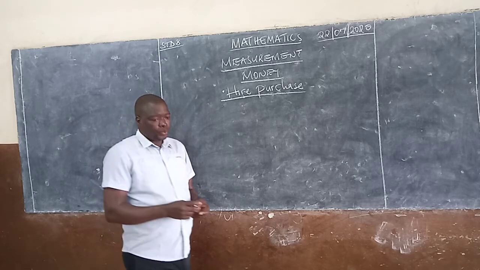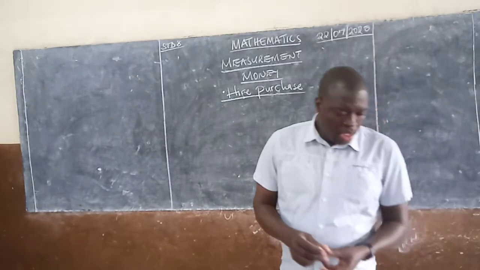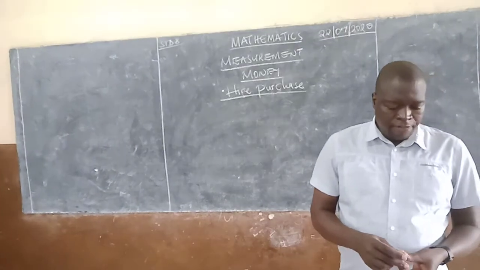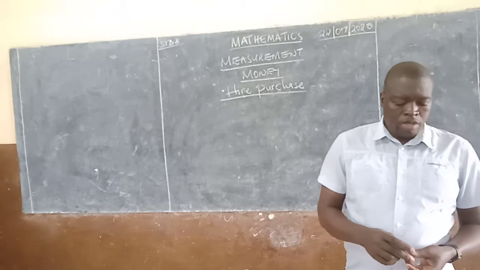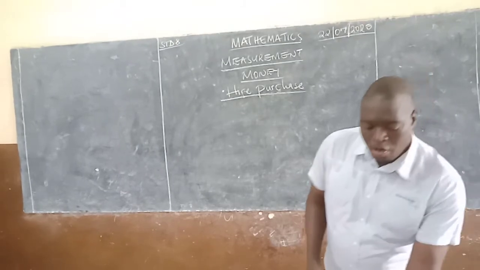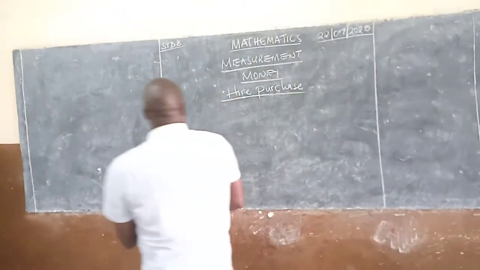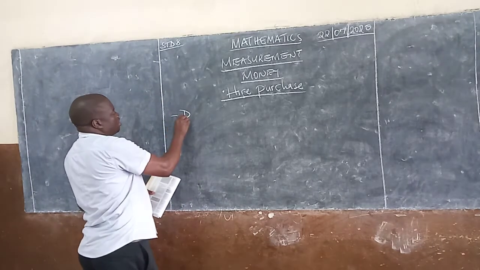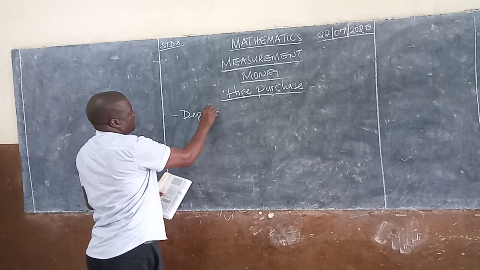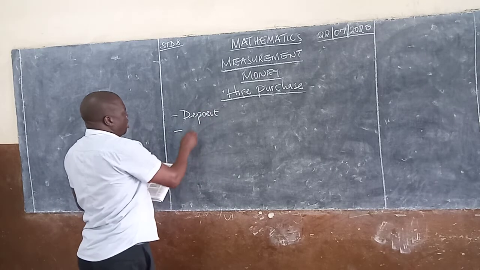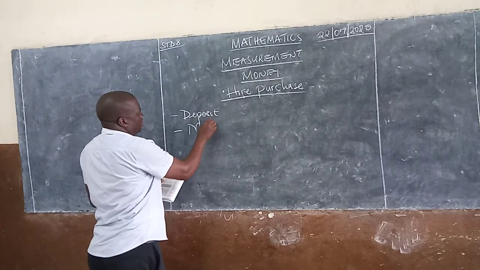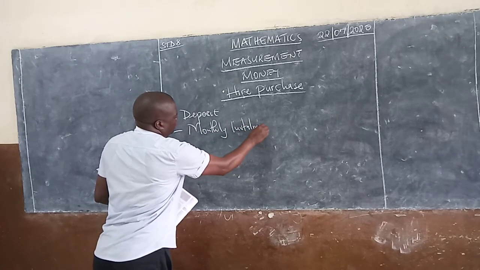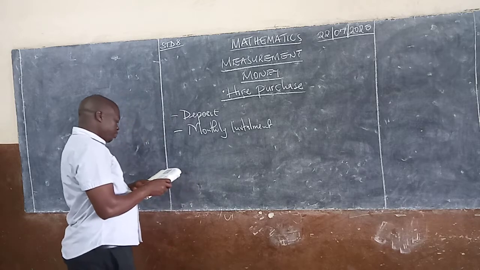When we talk of hire purchase, the amount of money paid first before one is allowed to take the goods is called the deposit. So when we talk of hire purchase, we need to consider the deposit. We also have a monthly installment, or we can call them installments.